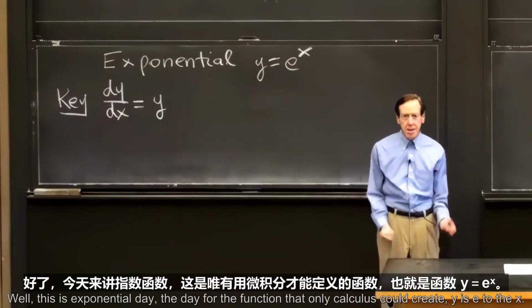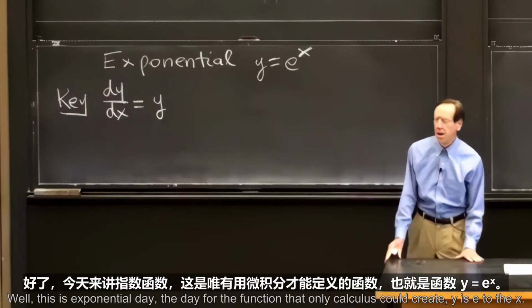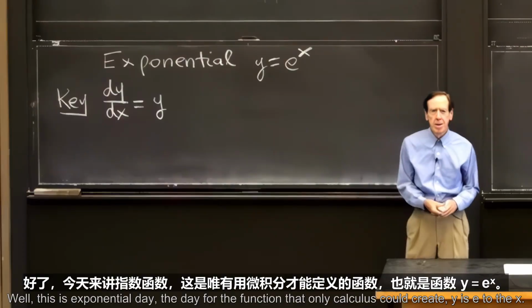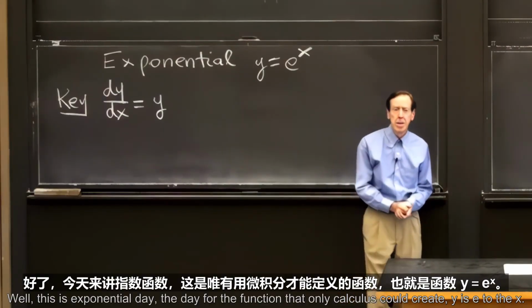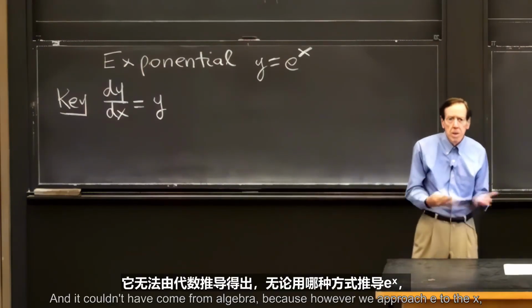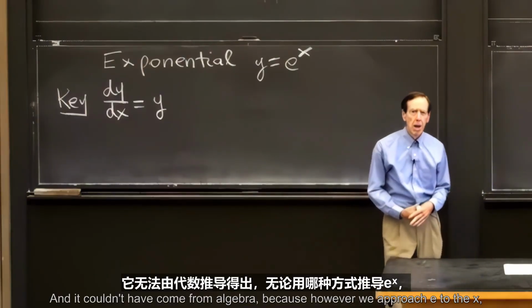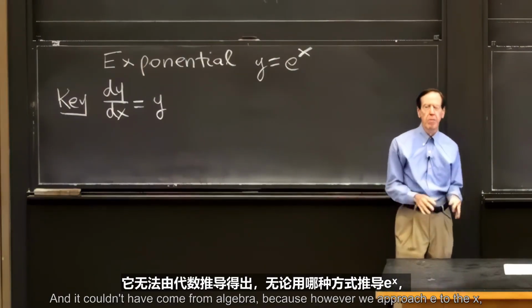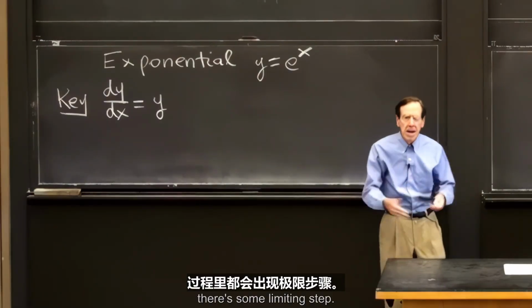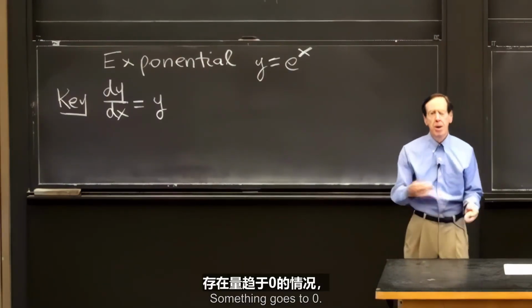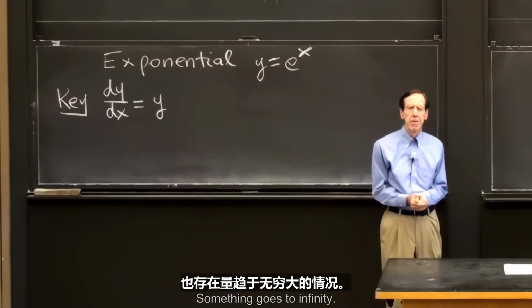Well, this is exponential day, the day for the function that only calculus could create. Y is e to the x. And it couldn't have come from algebra, because however we approach e to the x, there's some limiting step. Something goes to zero, something goes to infinity.